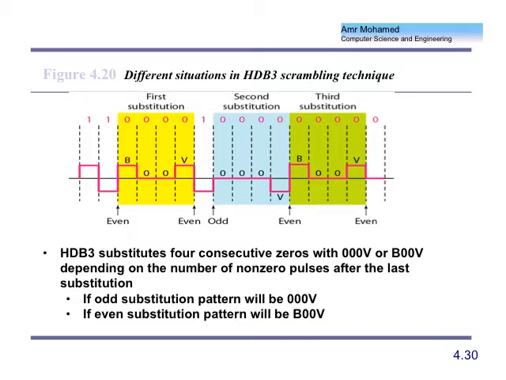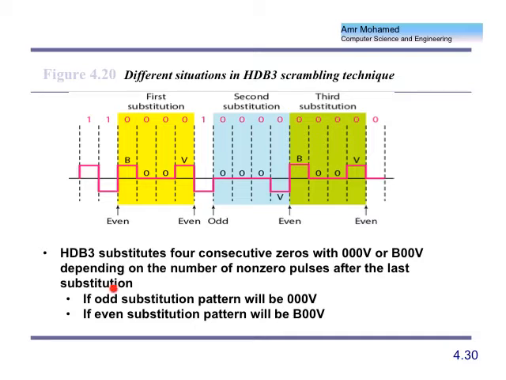What this tries to do is that it creates some kind of a positive voltage level. Why? Because the previous non-zero voltage level is even. If it's even, the substitution pattern will be B00V.